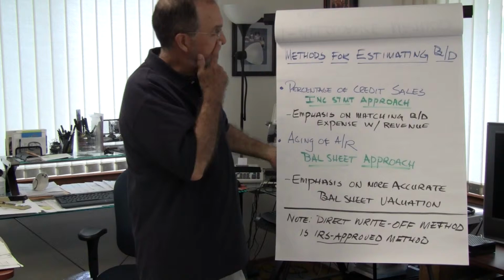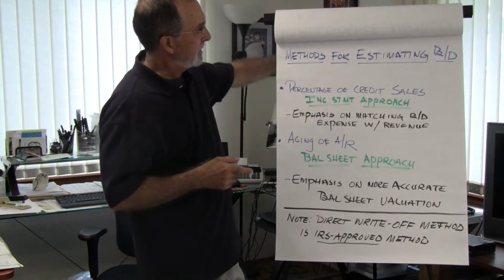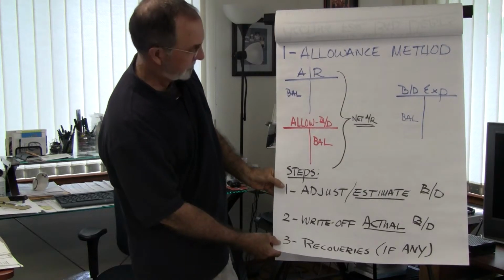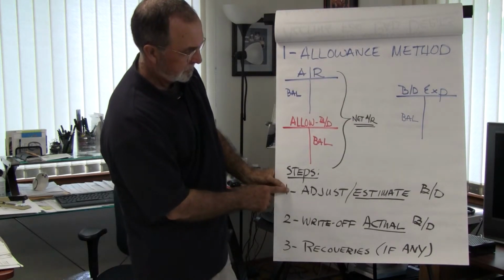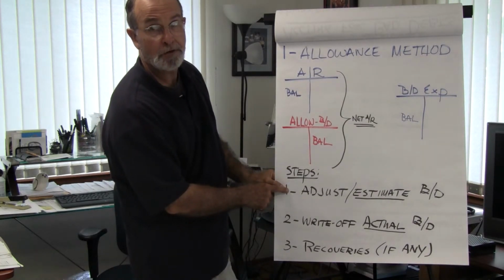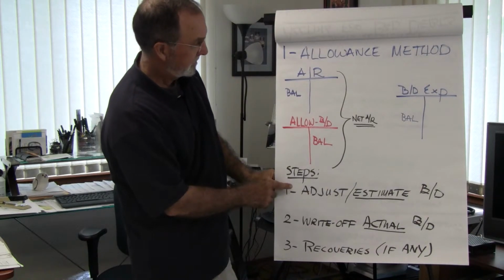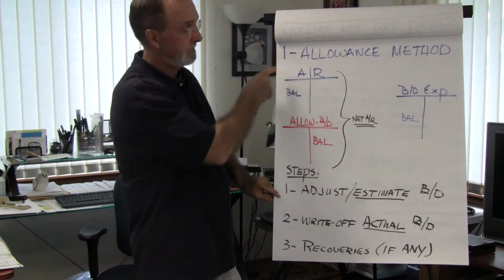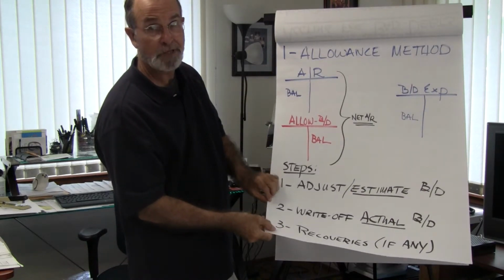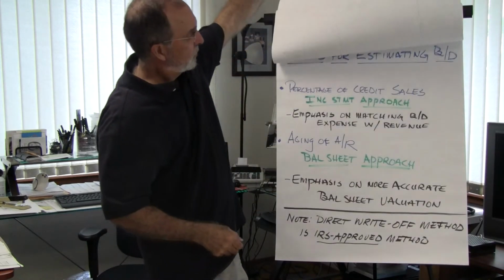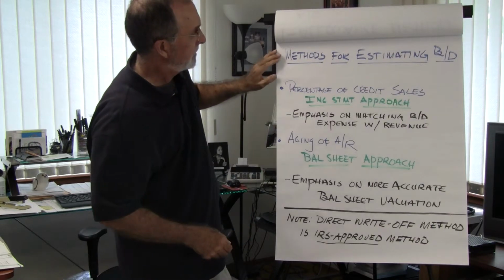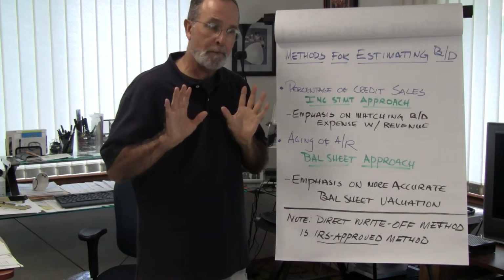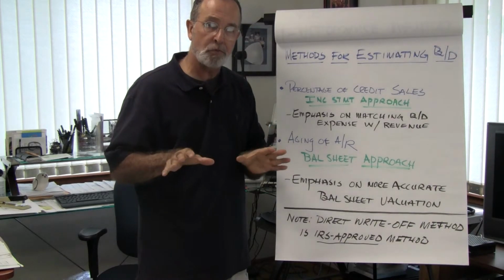Now, when we talk about estimating our bad debts, again, this is the first step, adjusting or estimating for our bad debts. This is the first step in applying the allowance method of accounting for bad debts. When we estimate our bad debts, we have two different methods that are available to us.